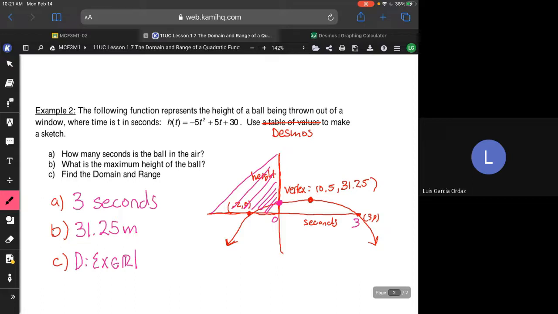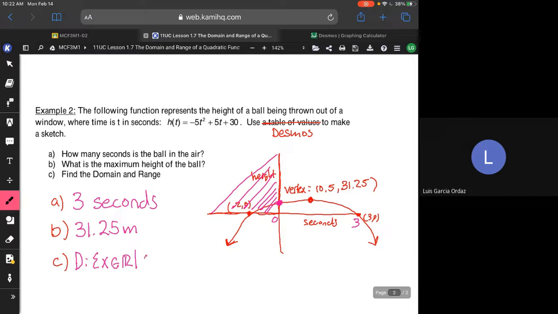So what's my starting time? When you start to throw something, how many seconds have gone by, right at the beginning? 0 seconds. And how long was the ball in the air for? 3 seconds. So my domain has to be in between 0 and 3 because that's how long the ball was in the air for.